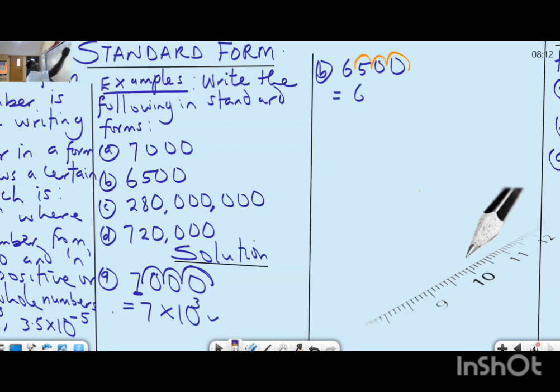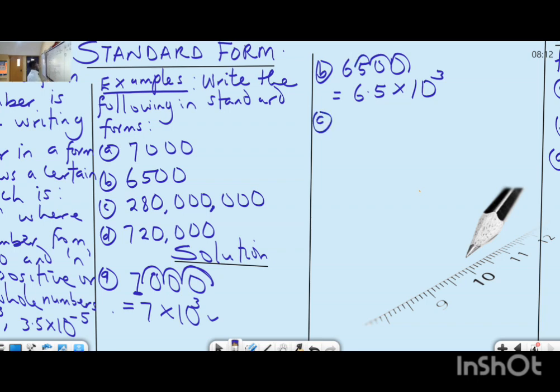And this will be 6.5 times 10 raised to the power of 3. Our power will be positive because we are moving to the left. So that is the rule.